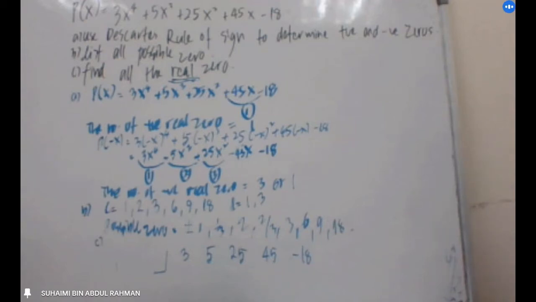Number 2, sir. Why did you choose number 2? Because number 2 is one of our possible zeros. How do we know that number 2 is one of our zeros?